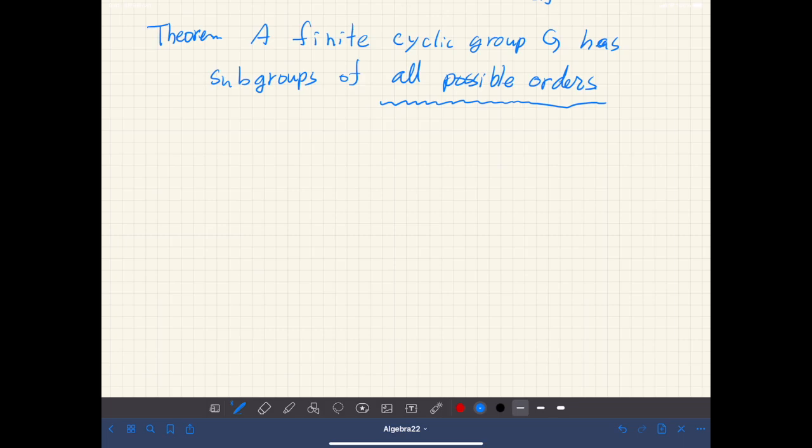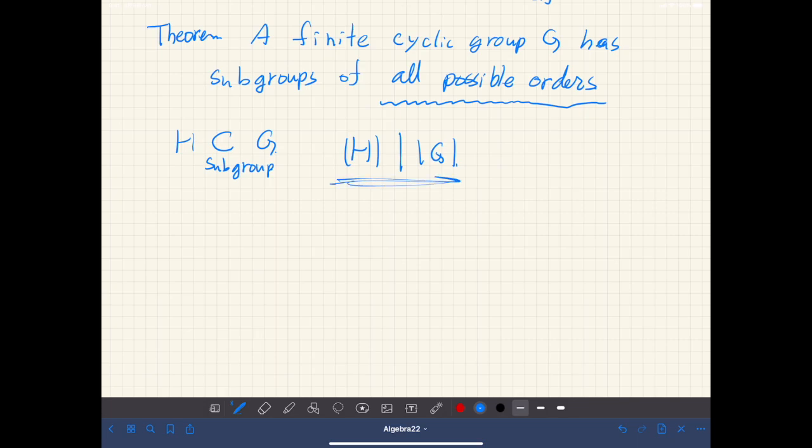Okay, so to understand what this means, let's say H is a subgroup of G. Then by Lagrange's theorem, we know that the order of H divides the order of G, right? So this must hold.